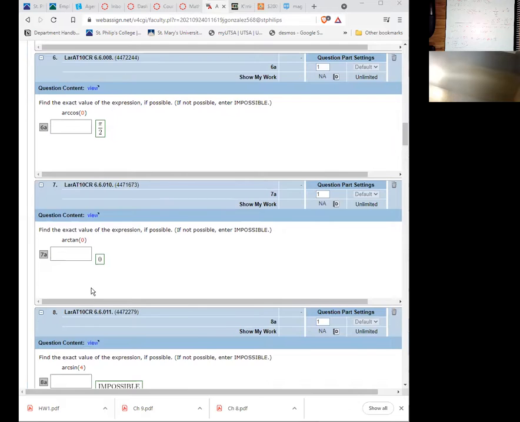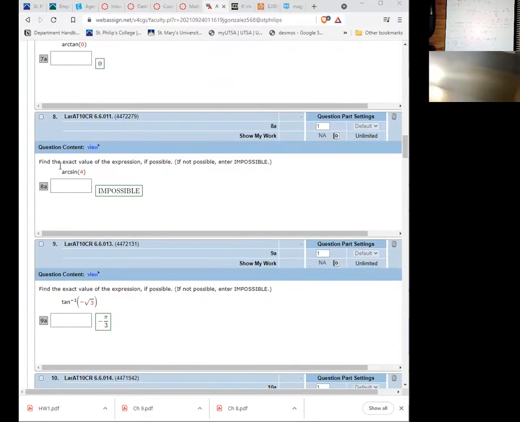Let's look at this one, number 6. It says sine inverse of 4 or arc sine of 4. Which value on the circle gives you a 4? Does that ever happen? Now, you see the issue there? What was the domain of sine inverse?